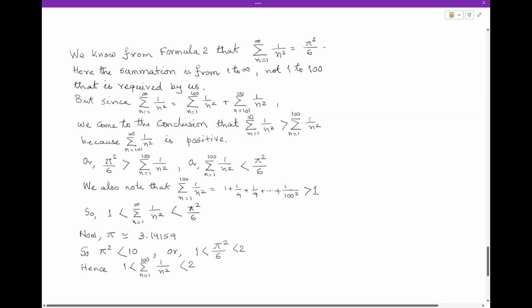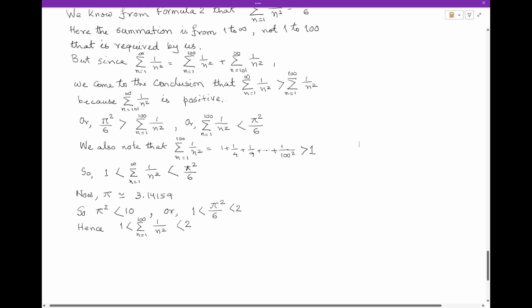We come to the conclusion that summation of n is equal to 1 to infinity of 1 by n squared is greater than n is equal to 1 to 100 of 1 by n squared, because 1 by n squared summation from 101 to infinity is positive, since it is a sum of positive terms.